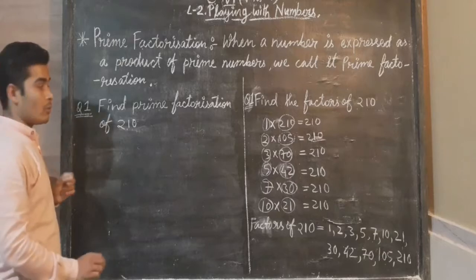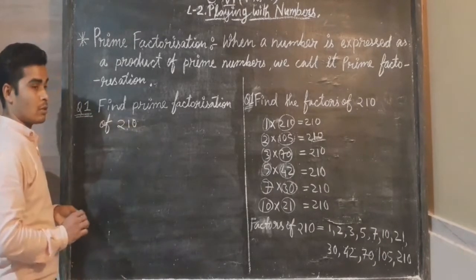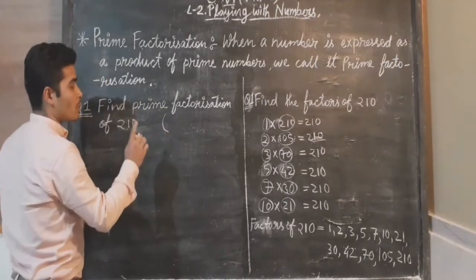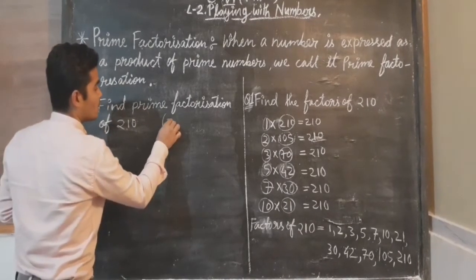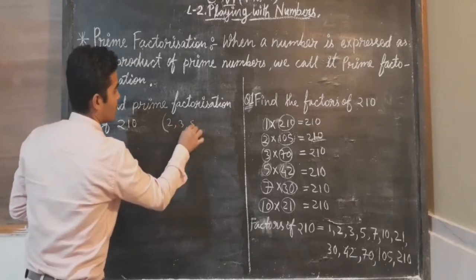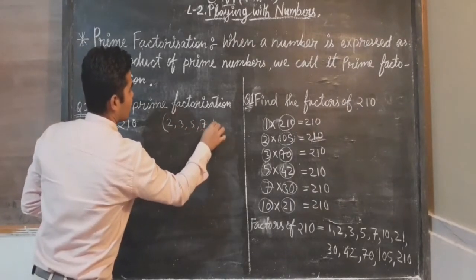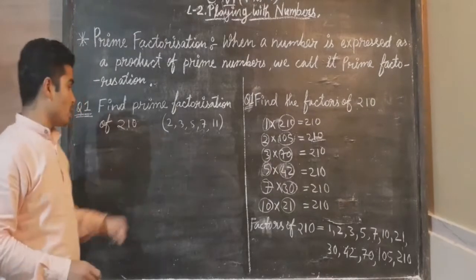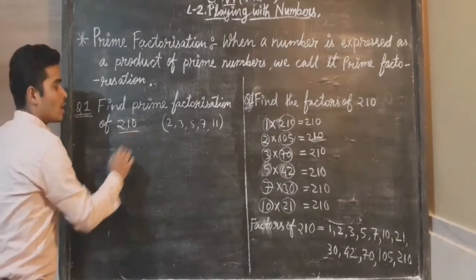Before we find the prime factors of a number, we should keep in mind some prime numbers from small to big: 2, 3, 5, 7 and 11. Up to this much for now we will keep in mind. So now let us find the prime factors for this number.